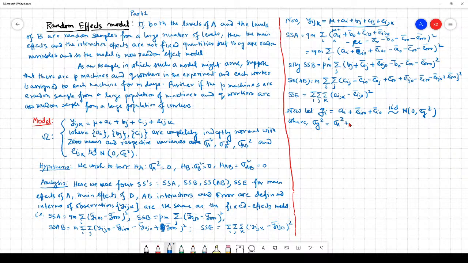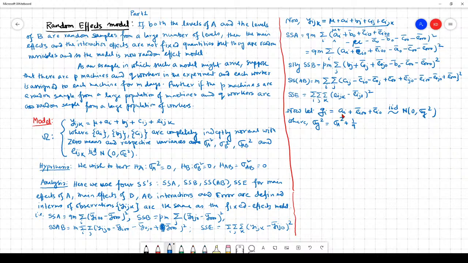It is sigma A square plus 1 by Q, just the variance of Gi, okay? And since Ei naught and Eij are independent, the covariance parts are 0.